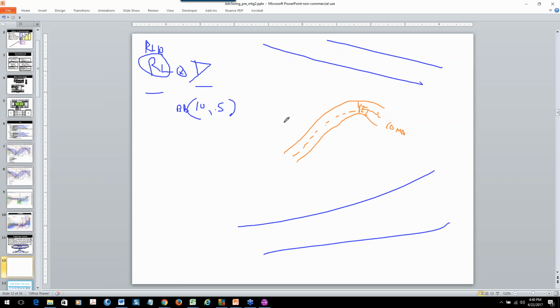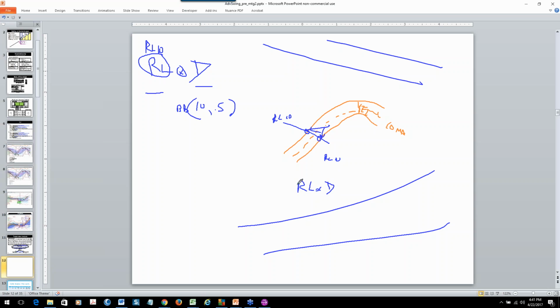When we talk about the RLXD, all we're saying is that the RL10 was on one side of the dragon. It entered the dragon here, and it left the dragon here. Now the RL10 is on this side. This act of moving from here to here, that is the regression line crossing the dragon. That's all we need to know.